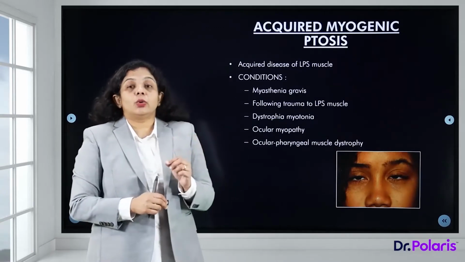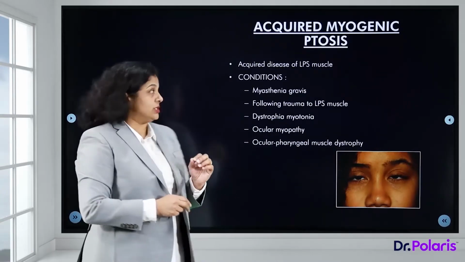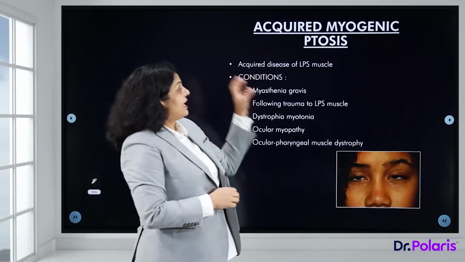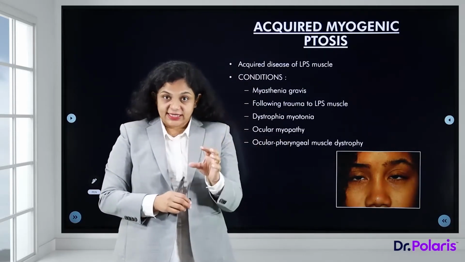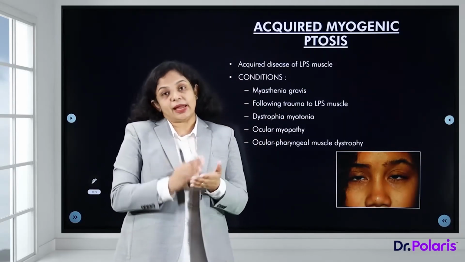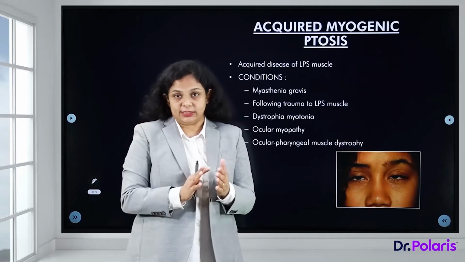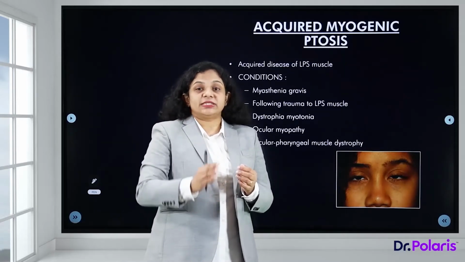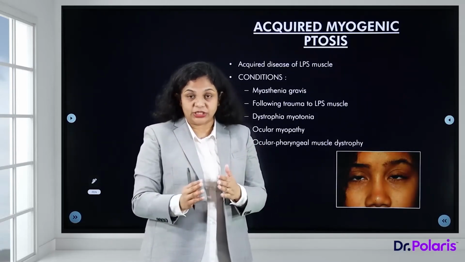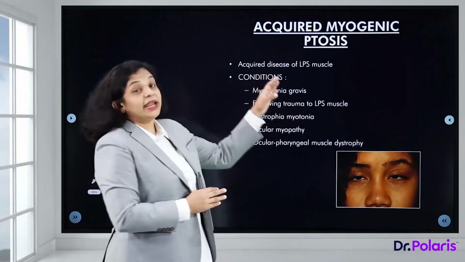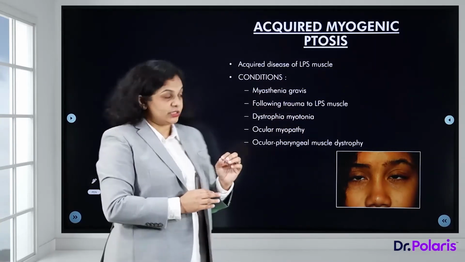Coming on to the acquired myogenic ptosis. Here there will be an acquired disease of the levator palpebrae superioris muscle. So the LPS muscle has to have some kind of pathology because of which you will get a myogenic ptosis.